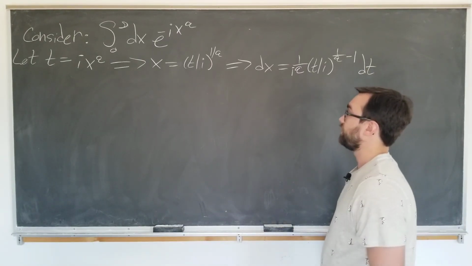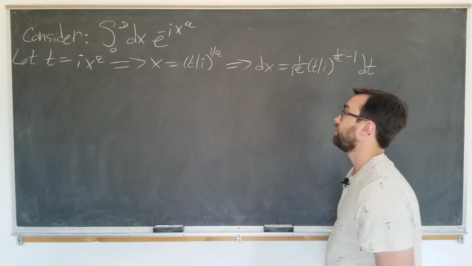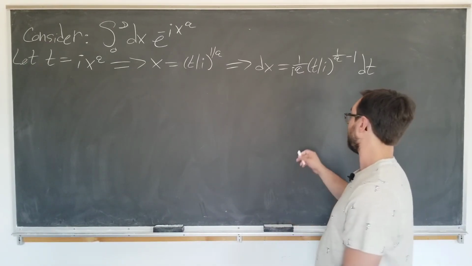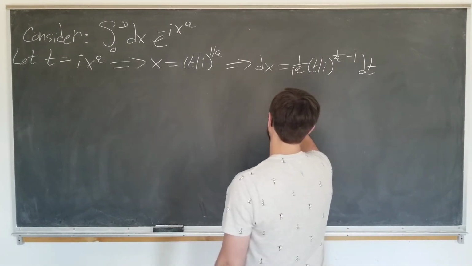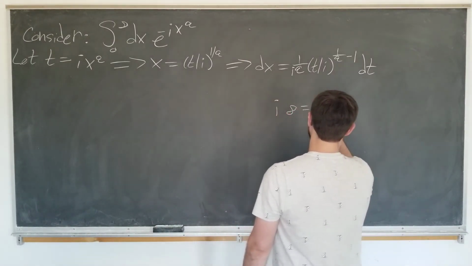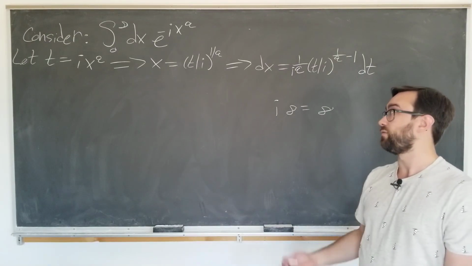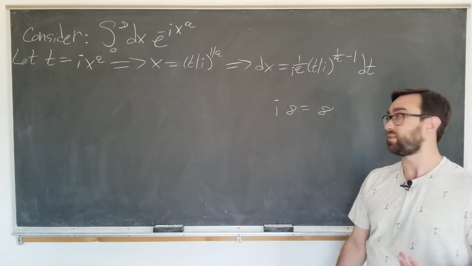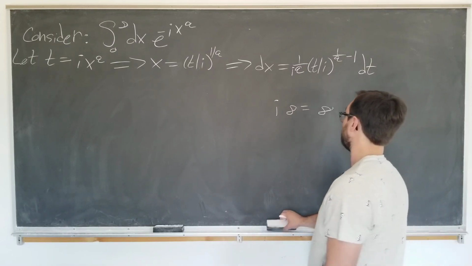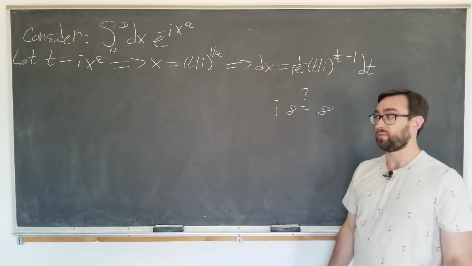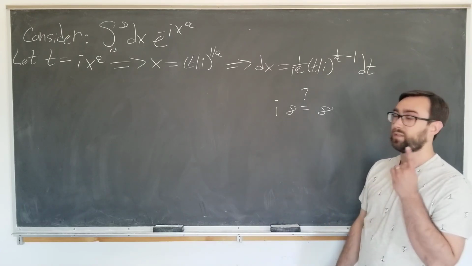As for the limits, they don't change since we're going to consider this only over the reals. So for the purposes of this discussion, we're saying i infinity is equal to infinity, which is not really true, but we are pretty much physicists here, so we're going to say that it's true and that the limits don't change. Perhaps you know a more rigorous way. I know of one more way.